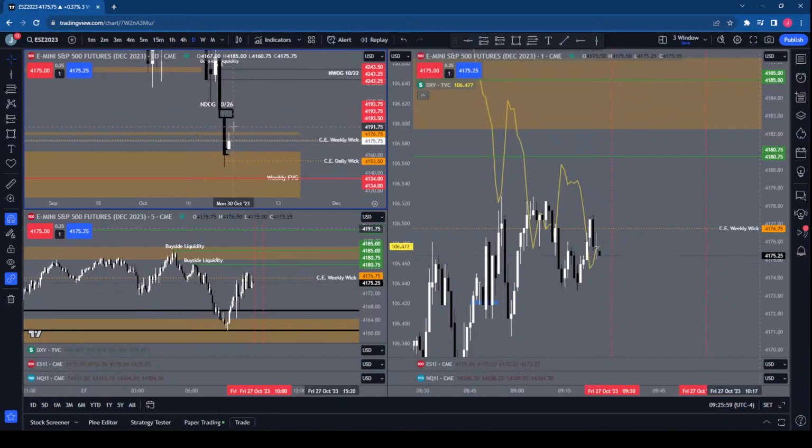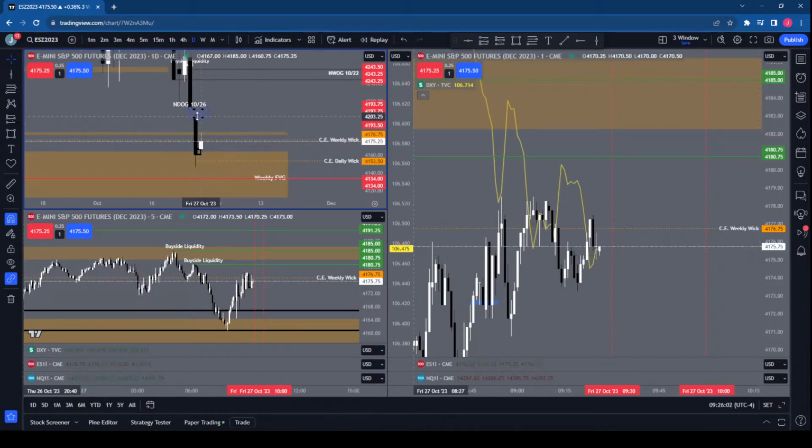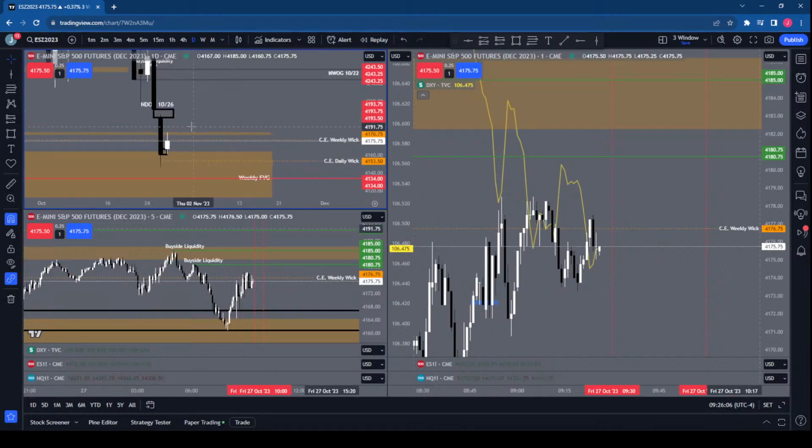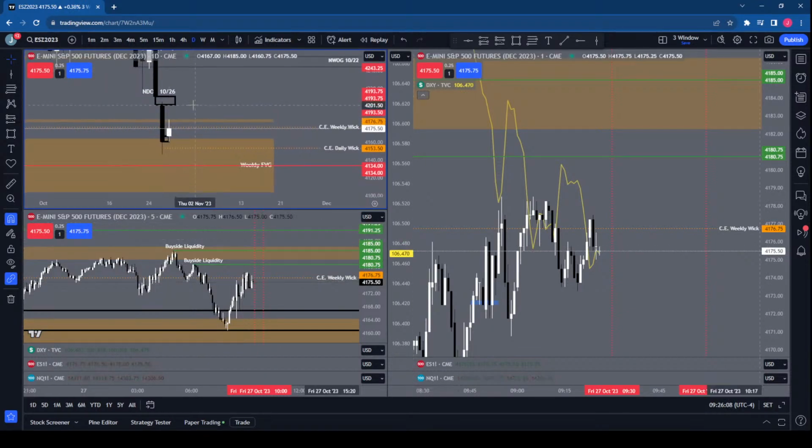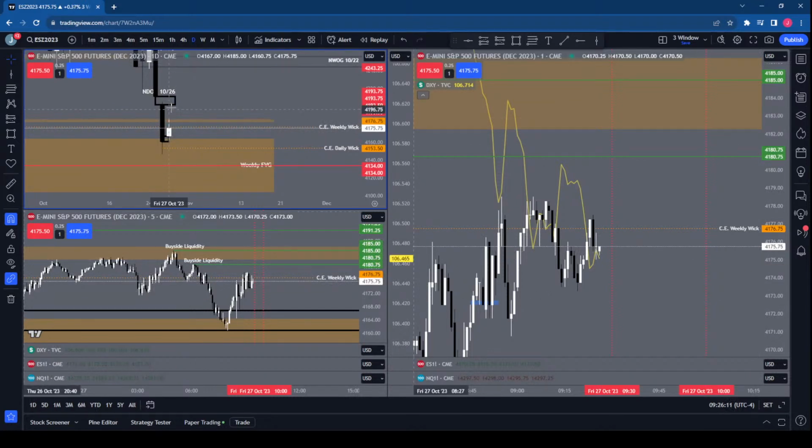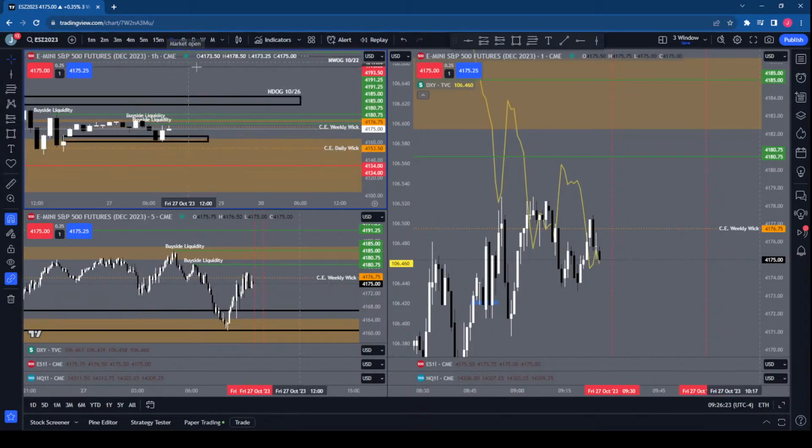It's interesting though, when you look at the daily chart, I can see us wicking into here. So on the daily, I could see us wicking and then having a pretty aggressive close. Also, on the daily chart, that new day opening gap looks pretty far.